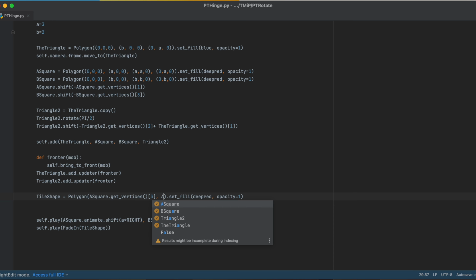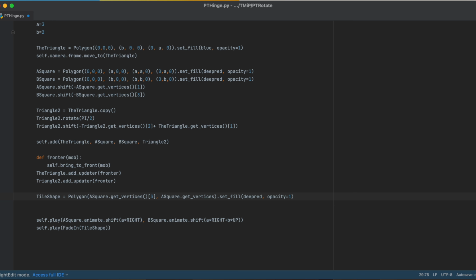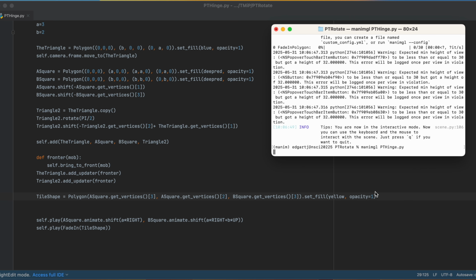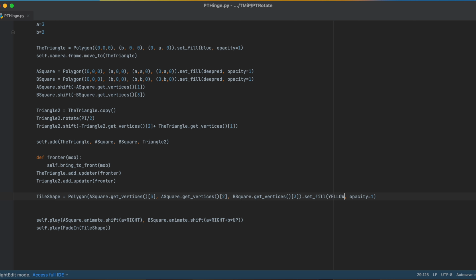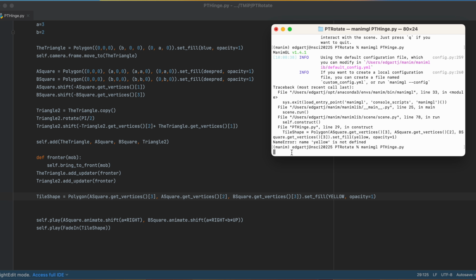And I'm going to go to A square dot get vertices 2, and then I'm going to go to B square dot get vertices, and I'm going to try 3. And I'm going to fill that yellow. So right now I'm just troubleshooting. I've got to go capital yellow for built-in Manim colors.